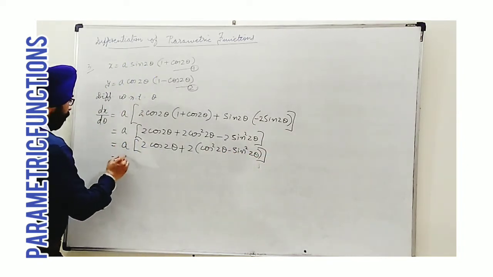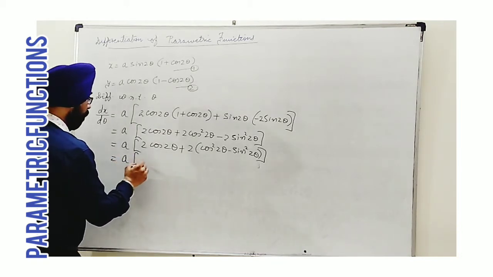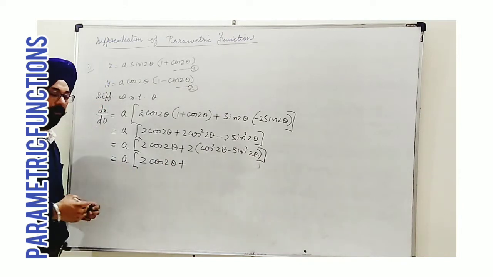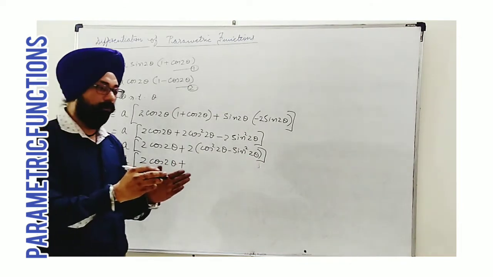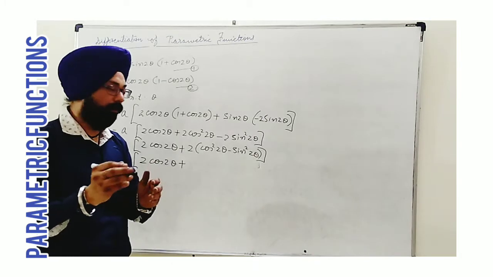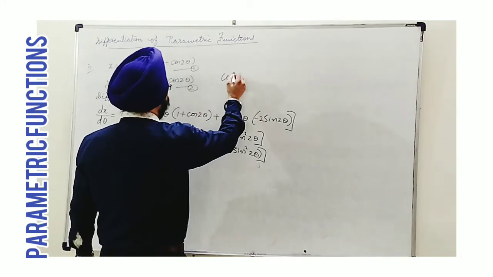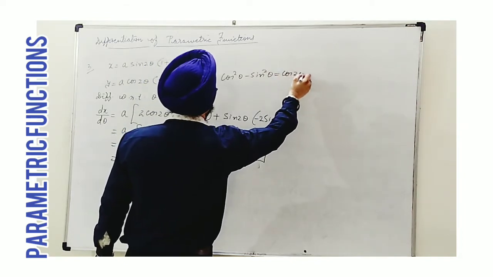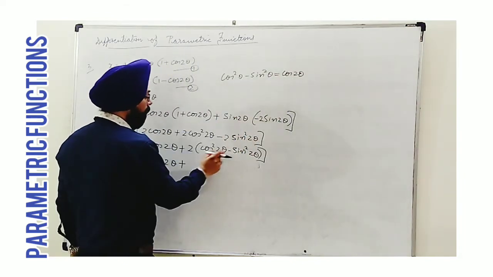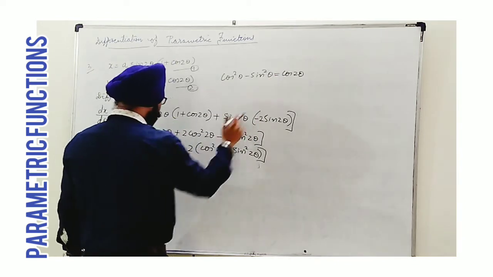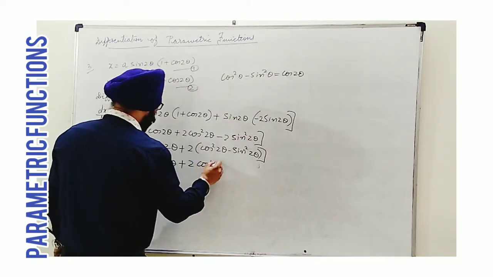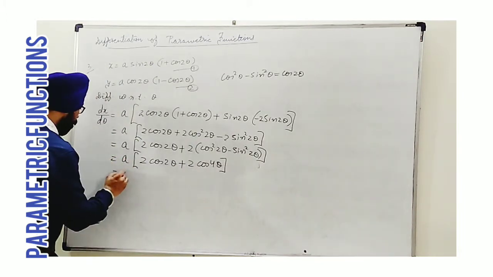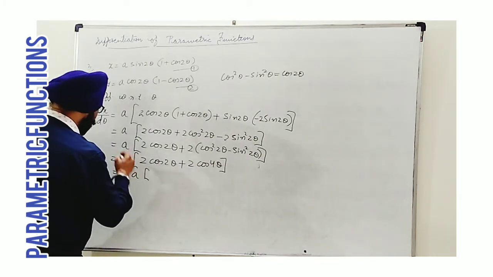And we have a times 2 cos 2 theta. This is the identity of cos 2 theta: cos square theta minus sine square theta is equal to cos 2 theta. But here in place of theta we have 2 theta. So that's why this will be written as cos 4 theta. 2 can be taken out. This is the simplest form of dx upon d theta.